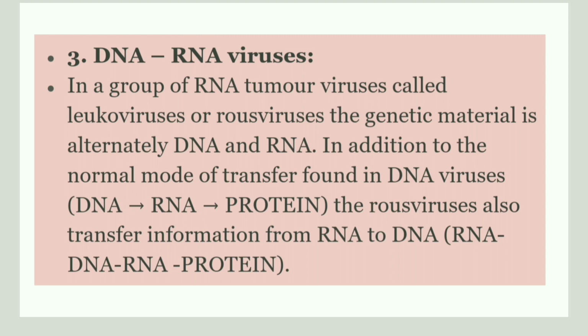Whereas in these viruses, the information goes from RNA to DNA. That is, the path is RNA to DNA, and from DNA back to RNA, and from RNA a protein is synthesized. Here the path of protein synthesis is more complex than a normal DNA virus.